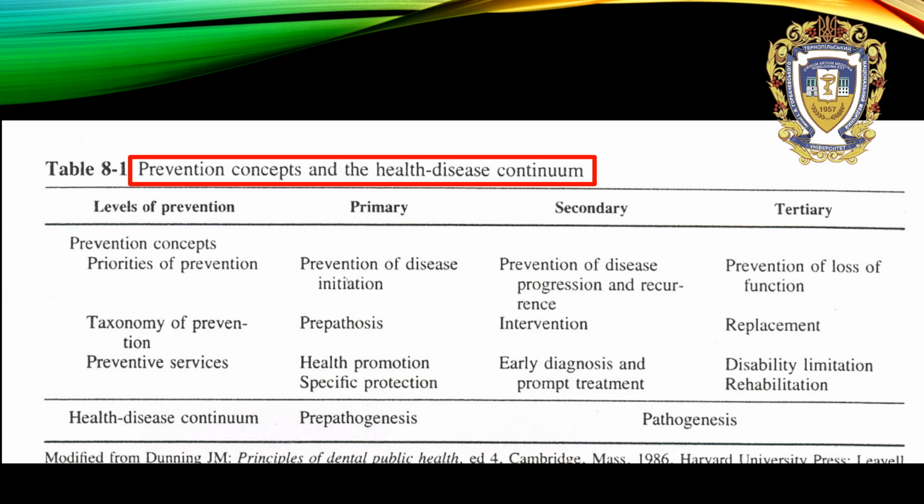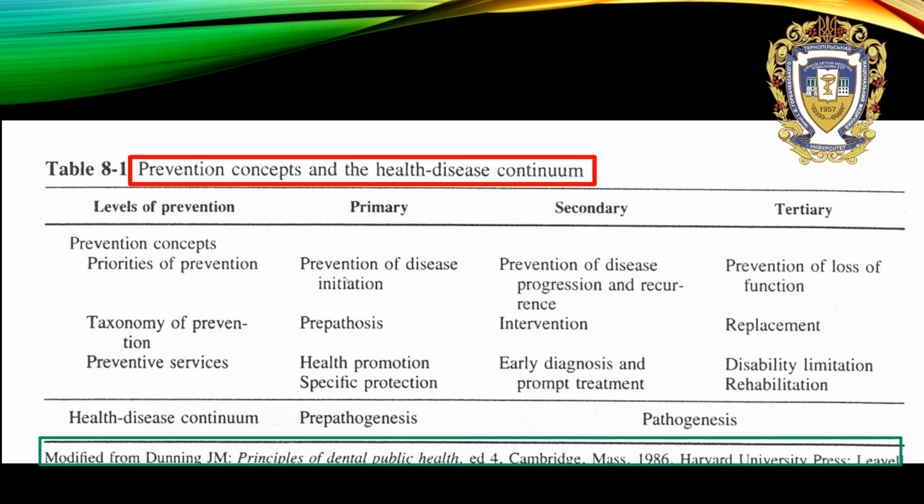But the secondary and tertiary levels of prevention are in the pathogenesis stage. In other words, after the development of disease.